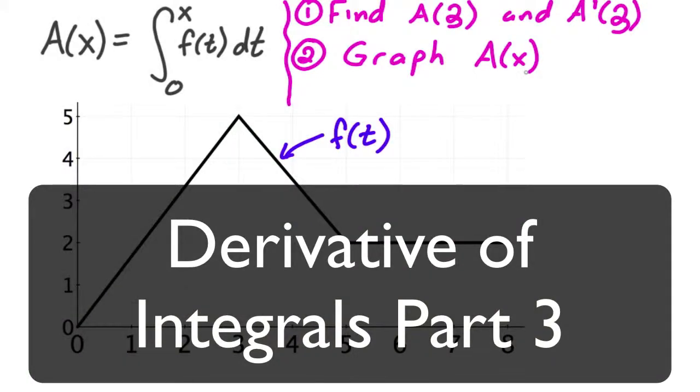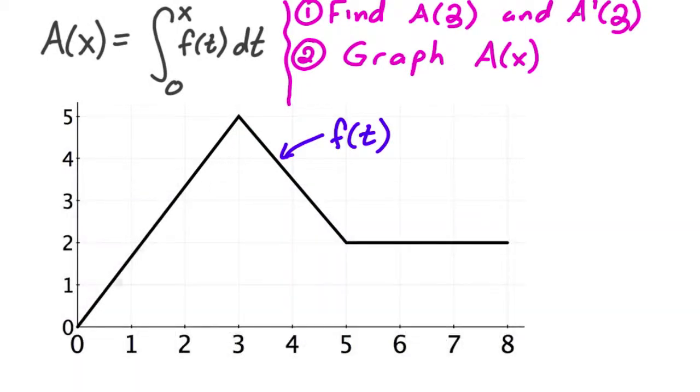Okay, so let's suppose we have a function here, f of t, and A of x is equal to the integral from 0 to x of f of t dt. So this is the area collecting function, notice, starting at 0 and then going up to whatever x is.